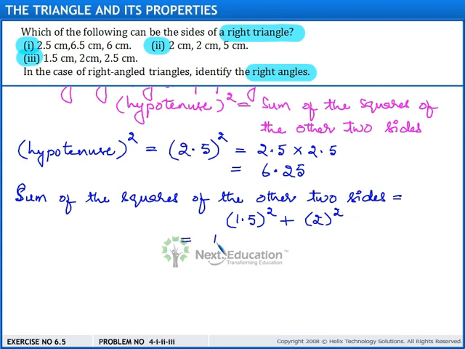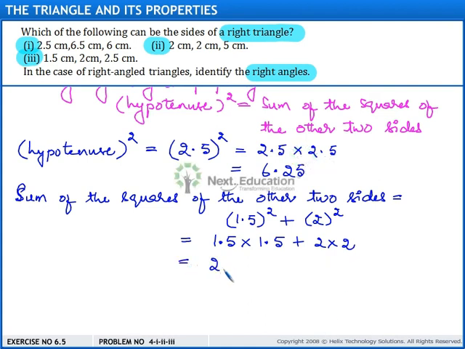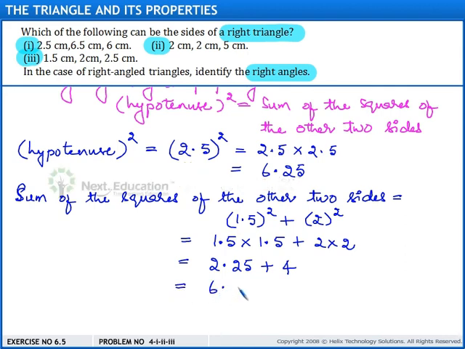So this can be written as 1.5 into 1.5 plus 2 into 2. So on multiplying, you will be getting 2.25 plus 2 multiplied by 2 is 4. So on adding, you will be getting 6.25, which is equal to the square of the hypotenuse.